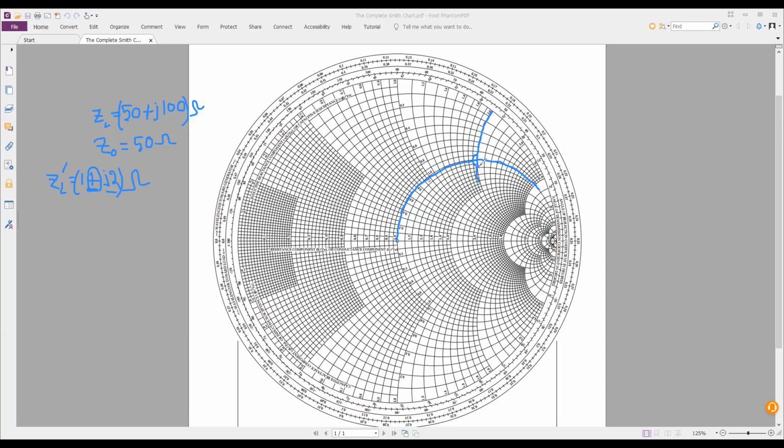So this is 2. So that is the point, ZL prime, 1 plus j2. Now I put the load impedance here. Now connect it to the center.